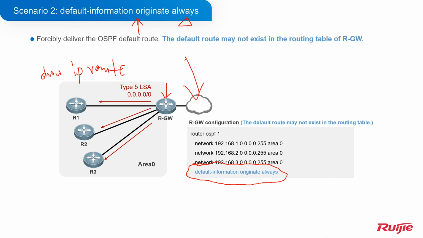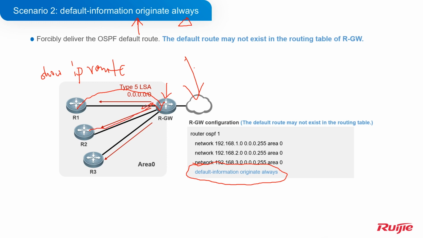And when R1, R2, R3 want to communicate with the external internet, they will send the packet to the next hop. The next hop is actually the RTW device, right? Because of the routing entry, we find the routing entry for the default route points to the RTW.